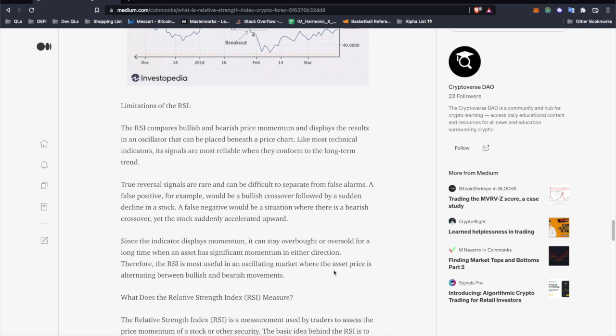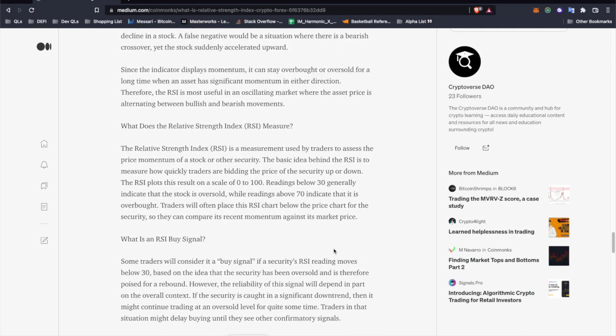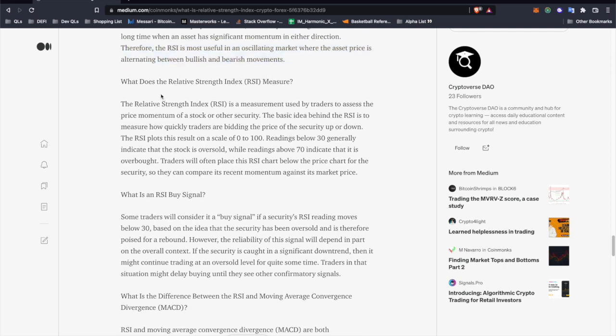Therefore, the RSI is mostly useful in an oscillating market where the asset price is alternating between bullish and bearish movements, not in a strongly continuous uptrend or downtrend type of market.